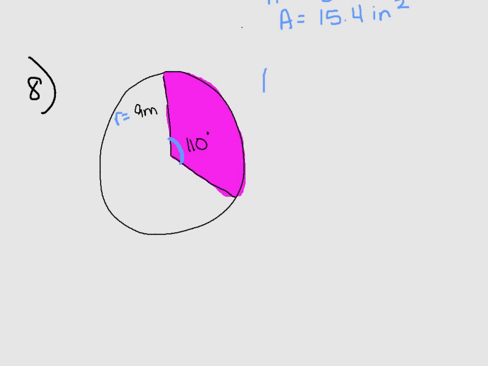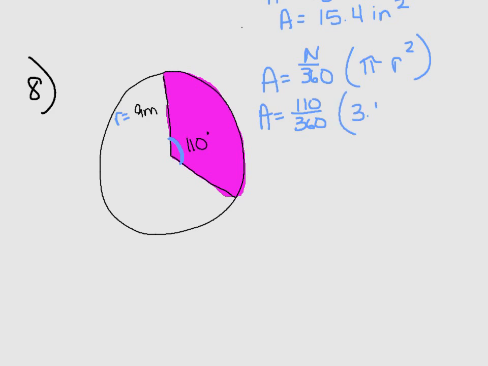Area equals n over 360 times pi r squared. Here we go: area equals 110 over 360 times 3.14 times 9 squared.